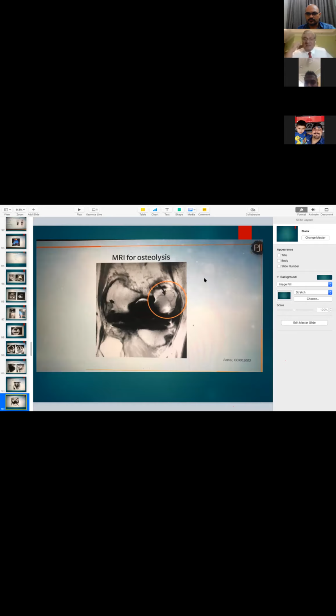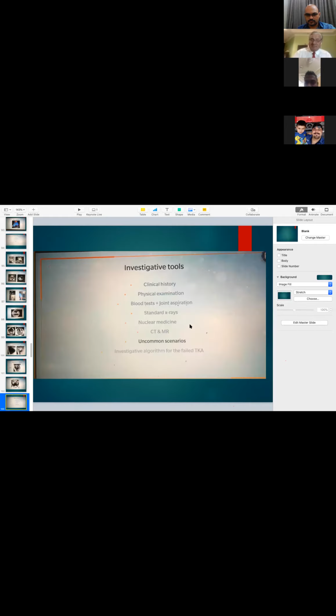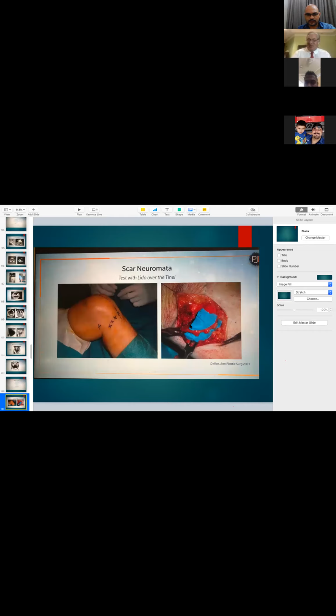So MRI, we send in painful knee if we have swelling around the knee, and there is reduction of the activity of the extensor mechanism, so to check the extensor mechanism. Coming to the uncommon scenario, if everything is perfect, what are the other causes of painful knee? Sometimes there is, actually I don't see it in my experience, a scar neuroma, and it causes severe pain, and when you remove it, the patient is relieved from this pain.